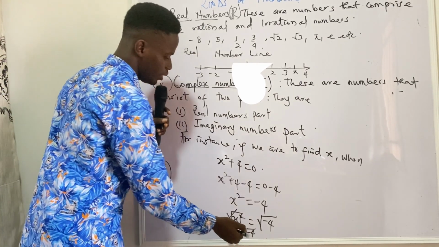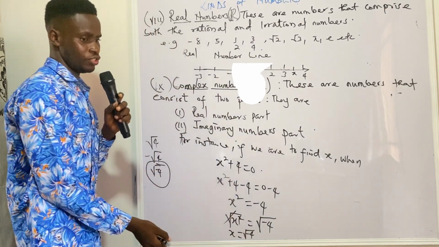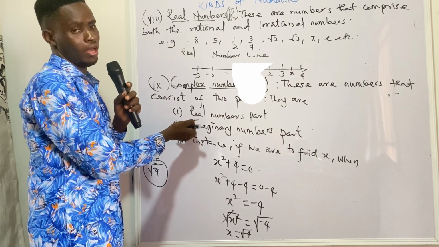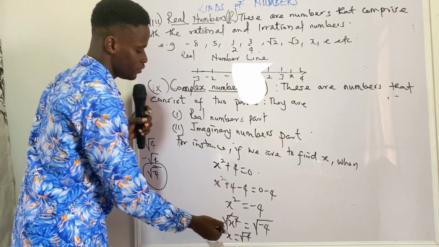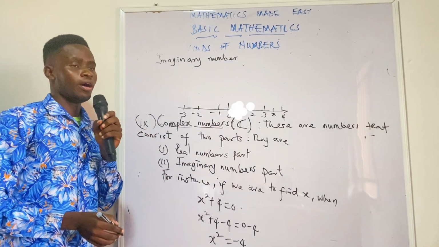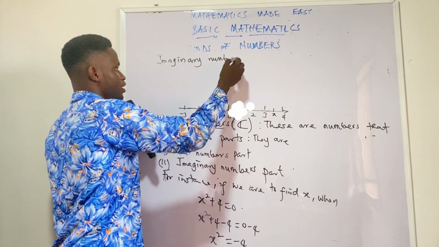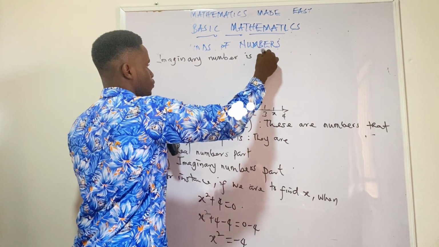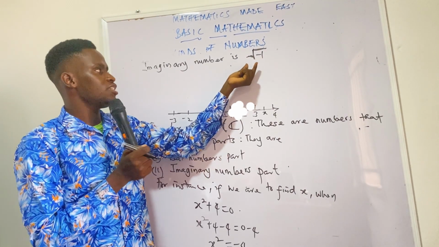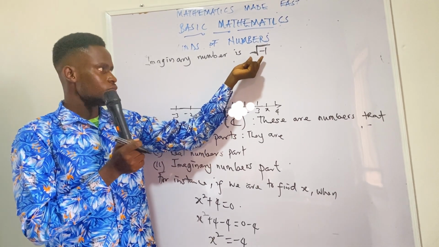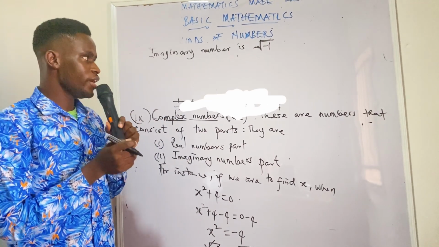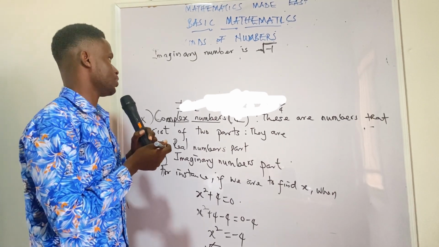Now, how can we solve this question that is having imaginary roots? And that is where we have imaginary numbers. To solve this, the imaginary number is given to be square root of -1. So whenever you see square root of -1, you should know it's an imaginary number, but it is always denoted by a letter.